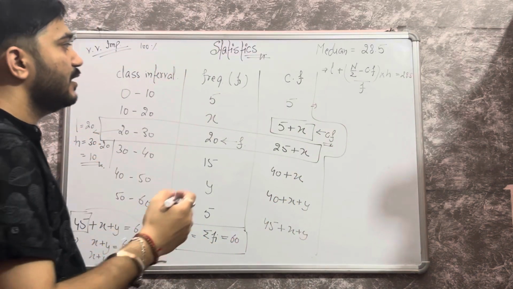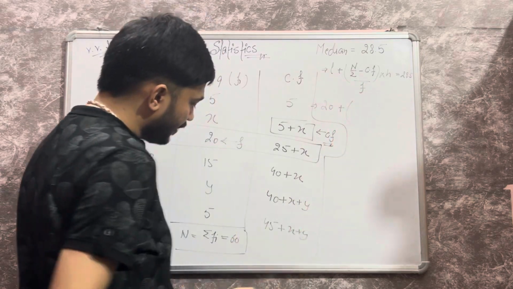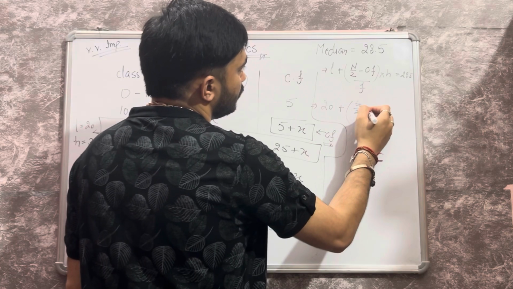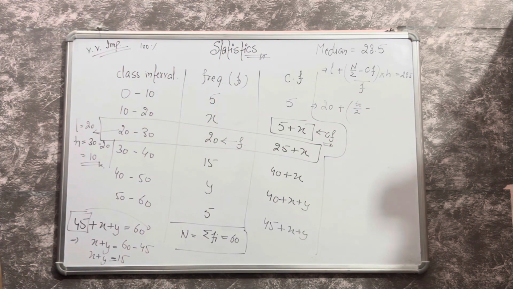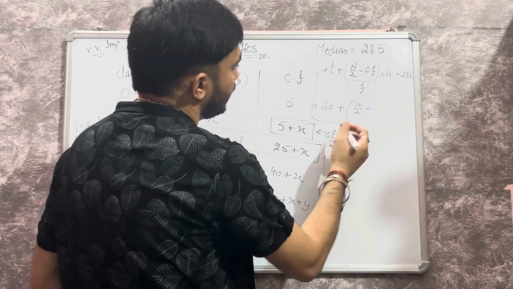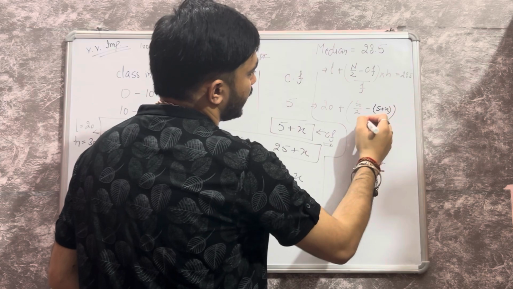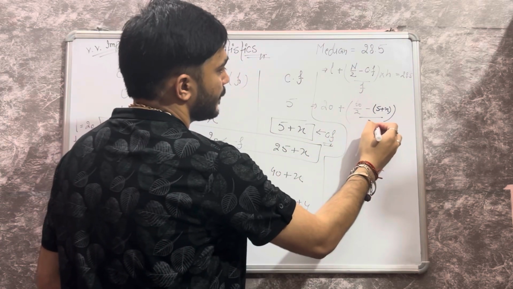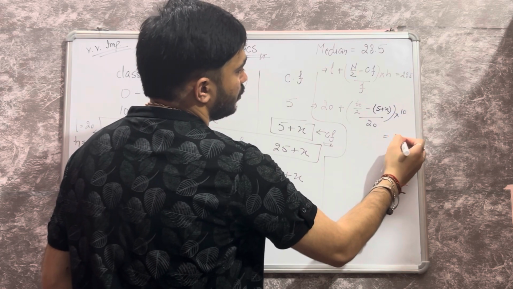The value of L is 20, plus the value of n, given as 60, 60 divided by 2, minus the cumulative frequency. What is the cumulative frequency? We have found it as 5 plus x, in brackets. The value of f we have found is 20. Multiply by the value of h, which is 10 here, equal to 28.5.